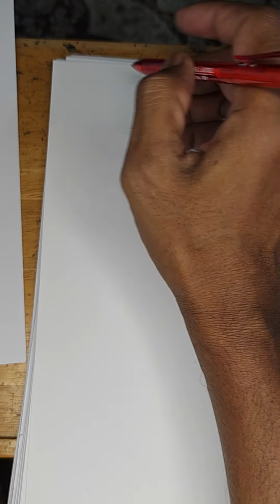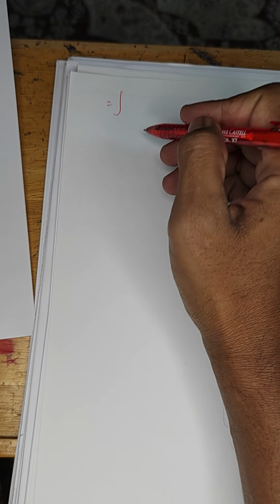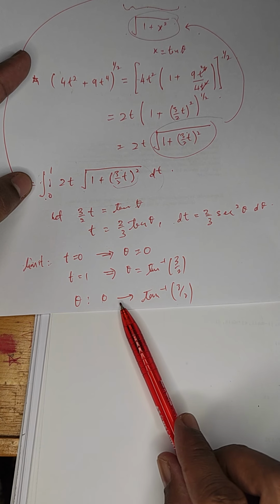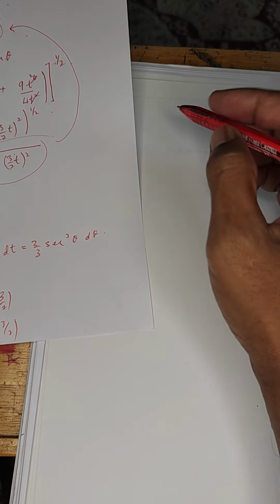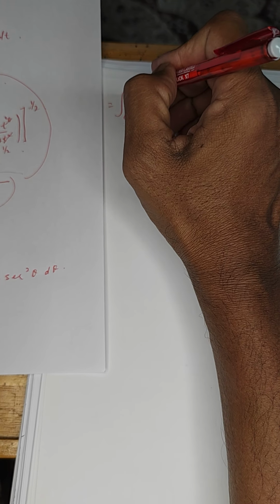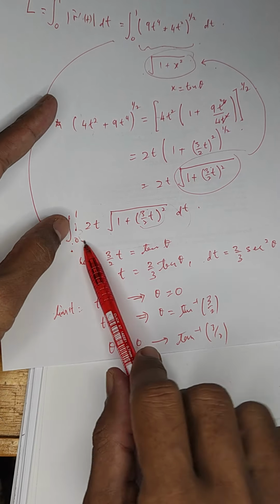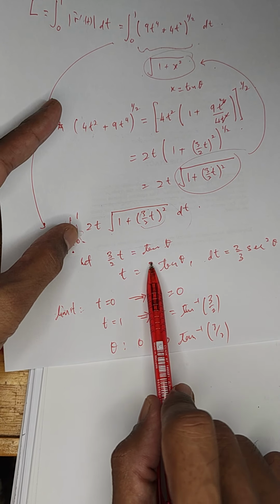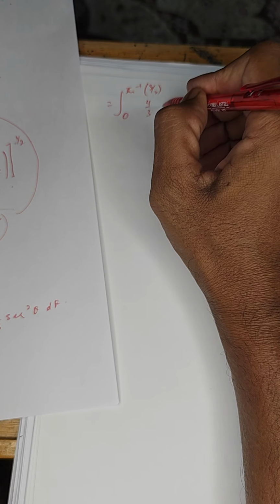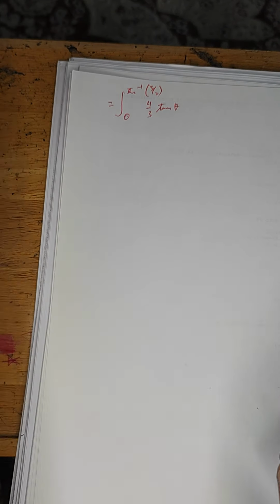The length is equal to the integral where t from 0 to 1 becomes theta from 0 to inverse tangent of 3 over 2. Then we have 2t, so 4 over 3 tangent theta. And then what else?